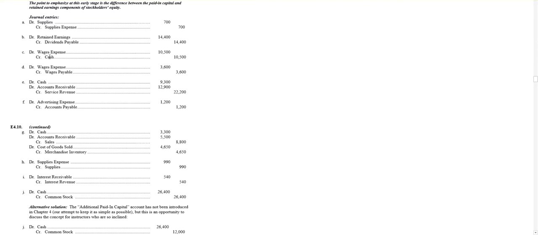If you'll look at C in this particular example, employees were paid so much in wages for their work. So it's a wages expense and it's cash. Now, guys, this is a very typical ordinary journal entry. But then they give you D right behind it. This is an employee that's getting wages for the last week of the month, but they haven't been recorded as an expense yet.